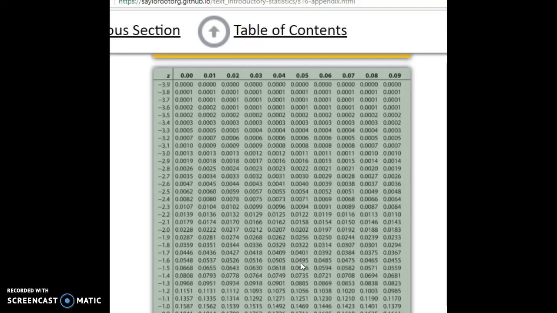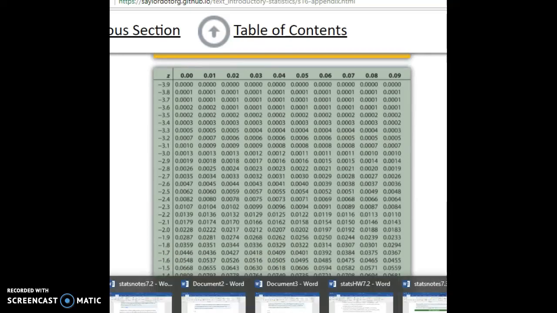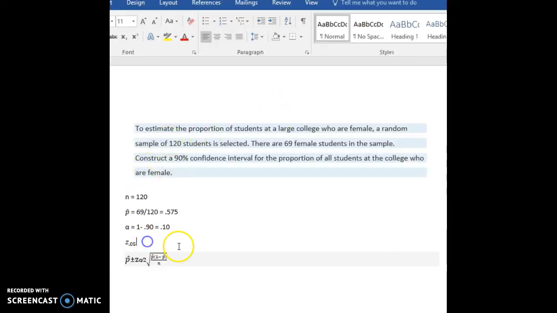Now remember, we looked up the negative, but we want the positive for our confidence interval. So we want 1.645. All right, so let's go back. And now we're ready to fill into our confidence interval for proportion formula.